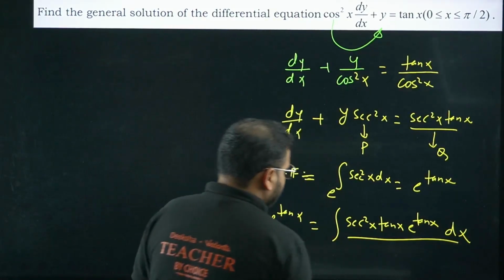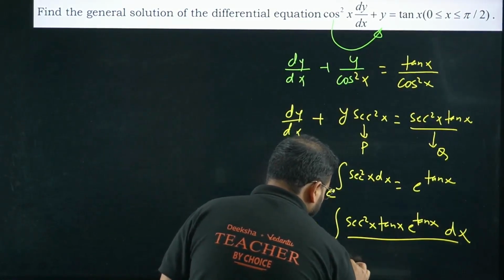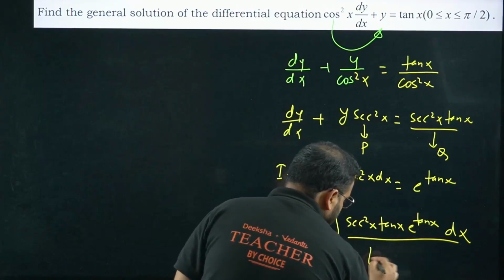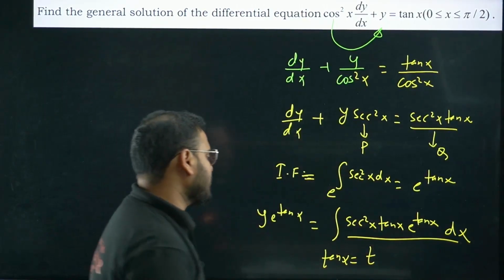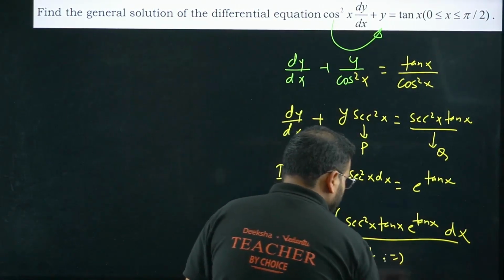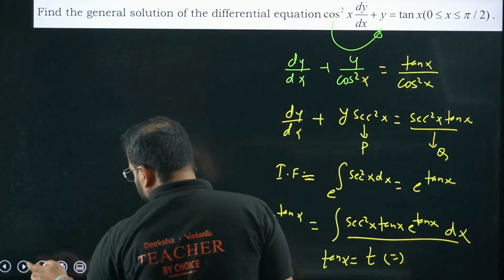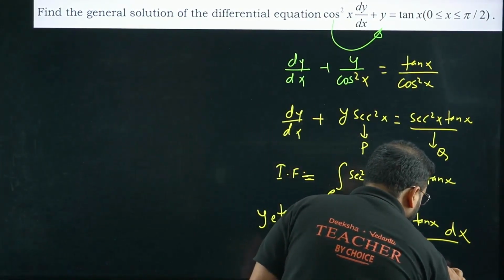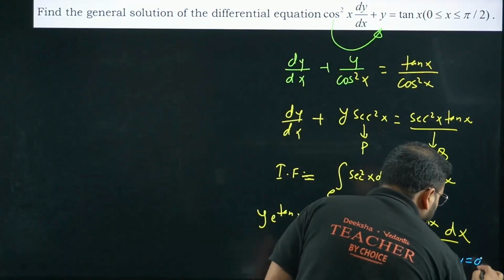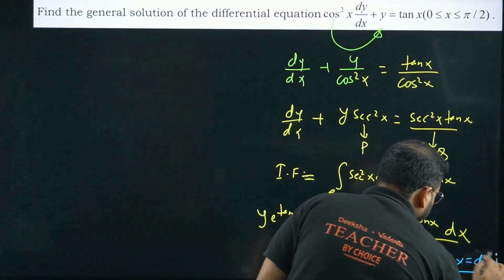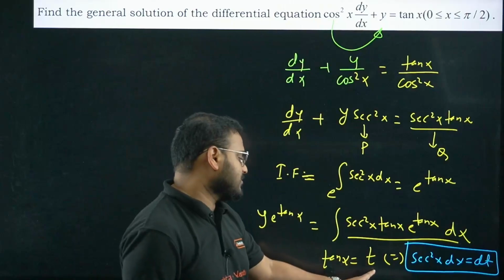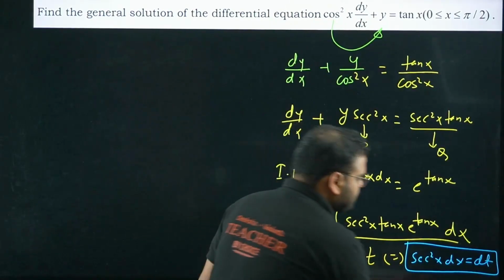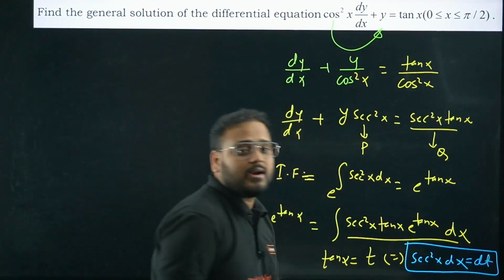So right here, let tan x equal t. Differentiate this, you get the derivative sec square x dx equals dt. How come? It will become dt by dx, so it can come on this side, it will become sec square dx.